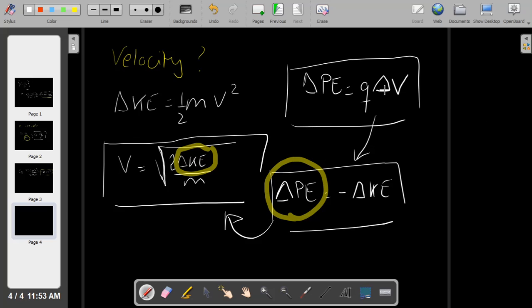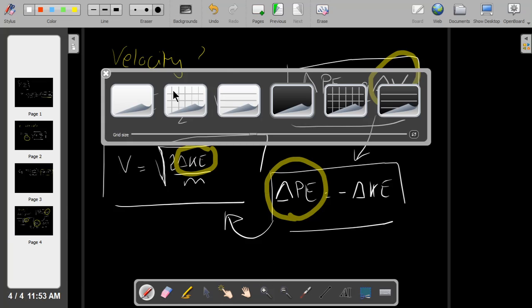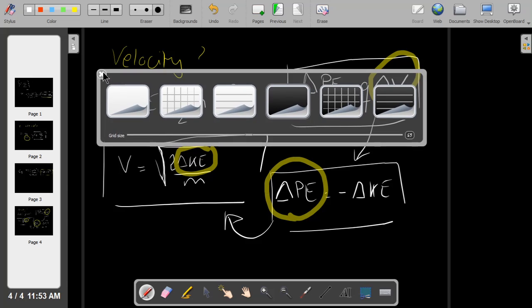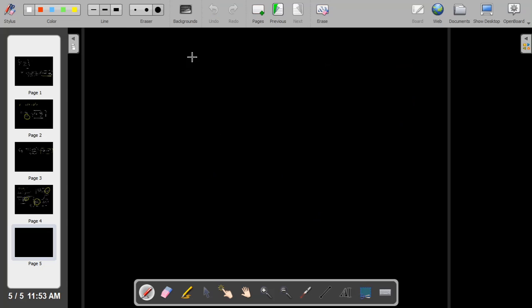So let's try to find what we're missing. We do have the charge that's moving. We have that value, but we don't have the change in electrical potential. We know how to find the change in electrical potential in a capacitor because we have another formula that allows us to do that. Sorry, I want a new page.